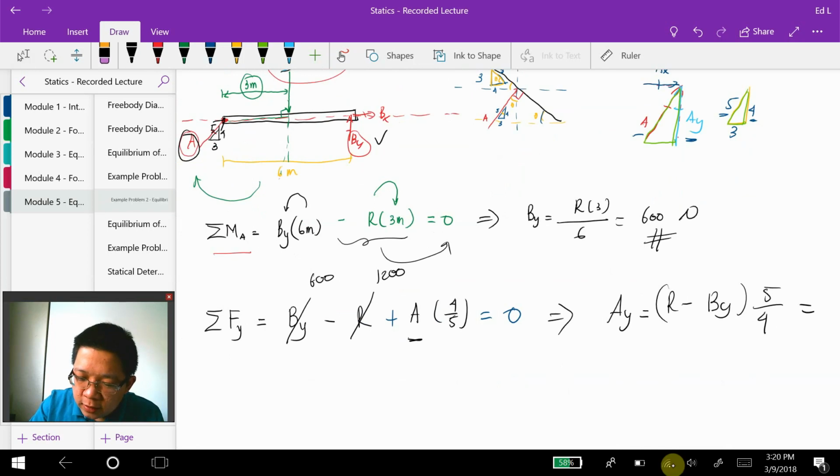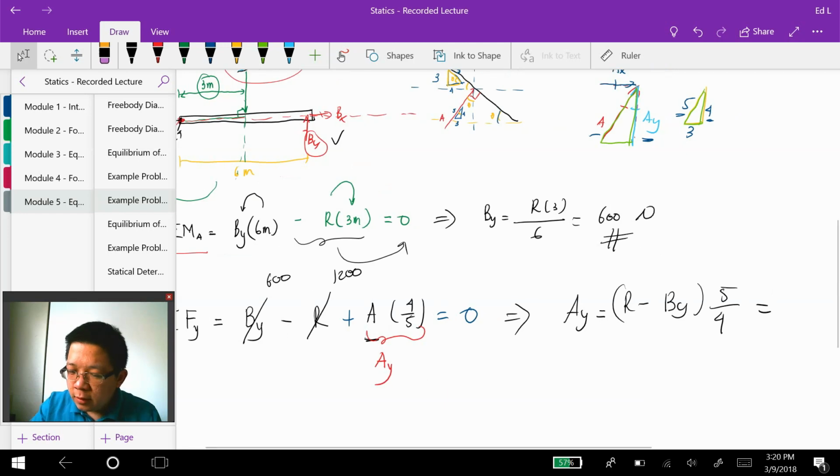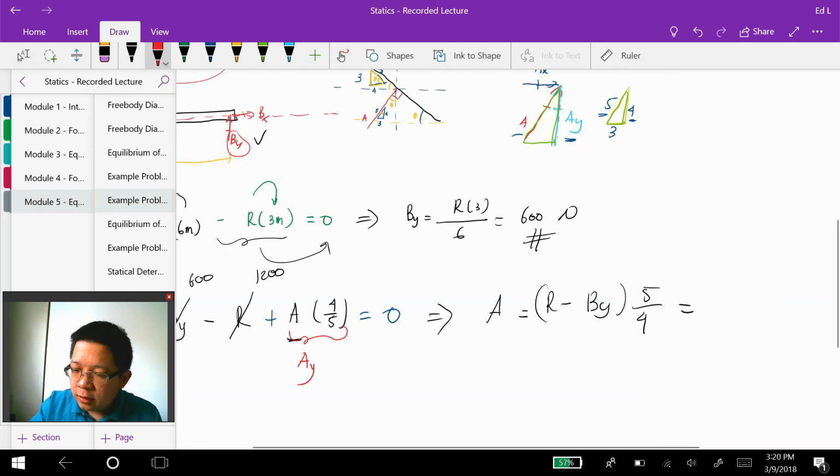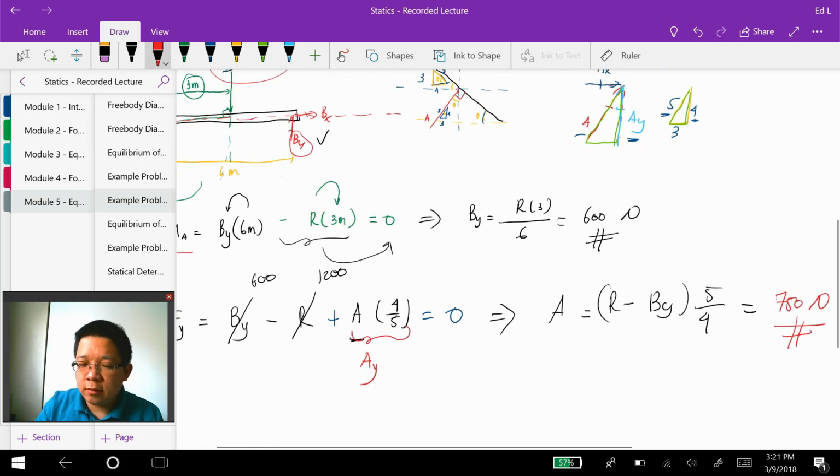This should be A, no longer AY, because this whole thing is AY. So when we calculate, this should be A, and we obtain 750 Newton.